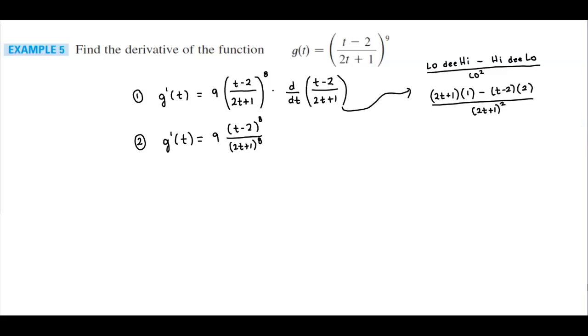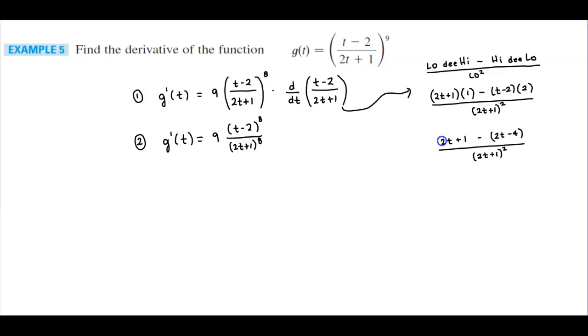Let's distribute the 1 and the 2, so we end up getting 2t plus 1 in the numerator, minus, if we distribute the 2, we get 2t minus 4. And so then we have in the denominator (2t plus 1) squared.